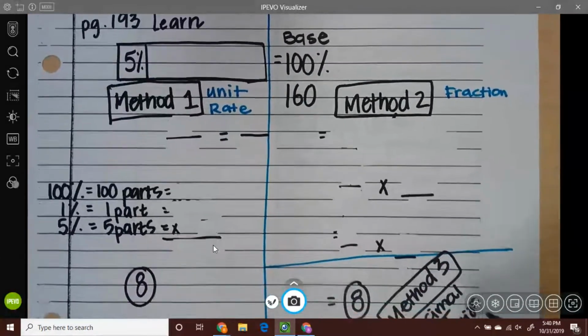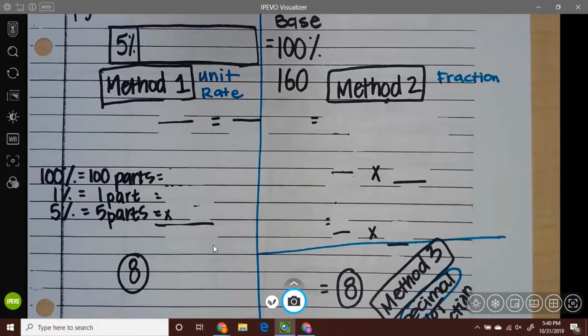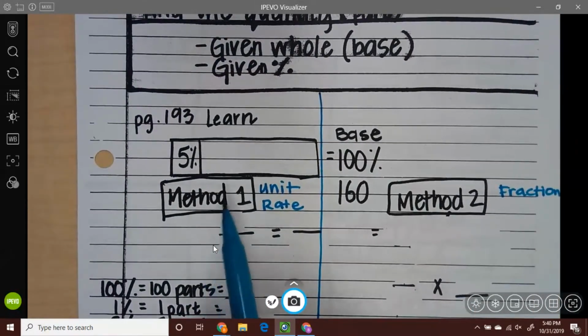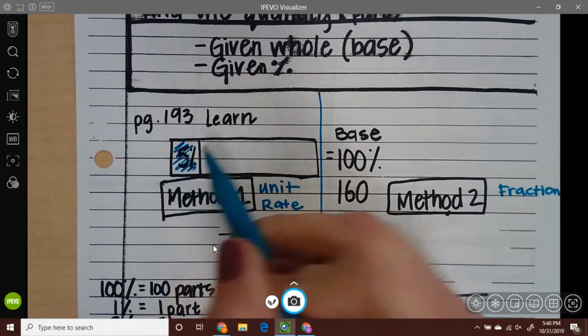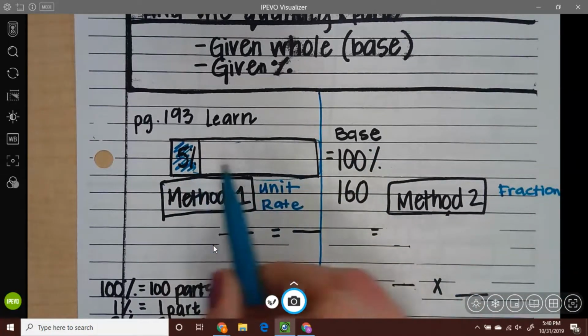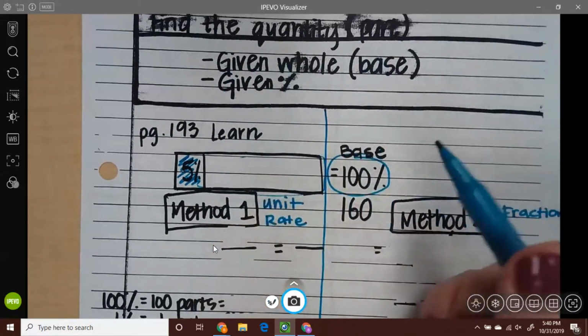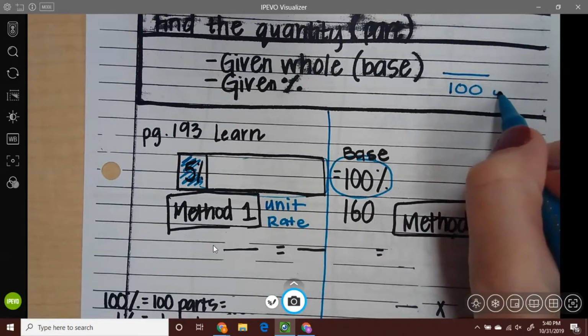Okay, so let's start with the unit rate. Right here you can see that this is 5%, and that this whole rectangle is 100%, which is known as the base. Just like if you had a fraction, the base would be your whole. So we know that 100% would be the whole.